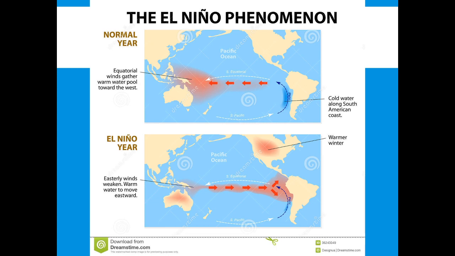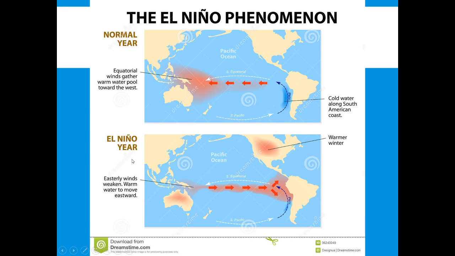So this is just an example to show you in a normal year, equatorial winds gather warm water and they move toward the west here, and you get this upwelling that occurs, the cold water along the South American coast, which then allows this normal gyre to exist.